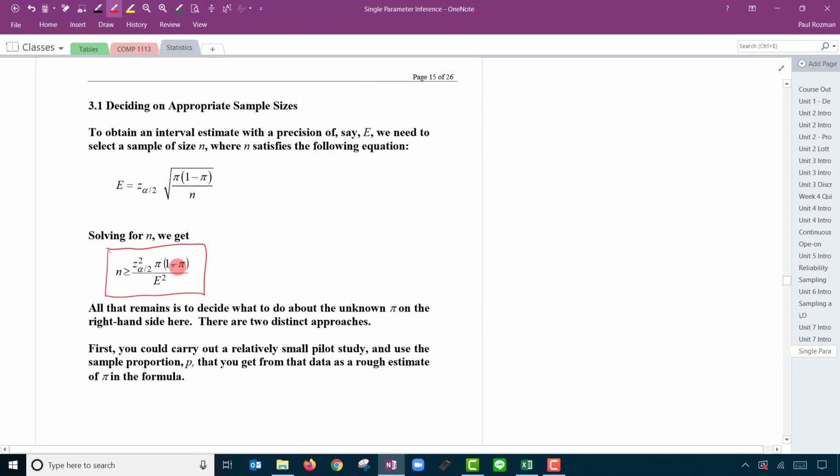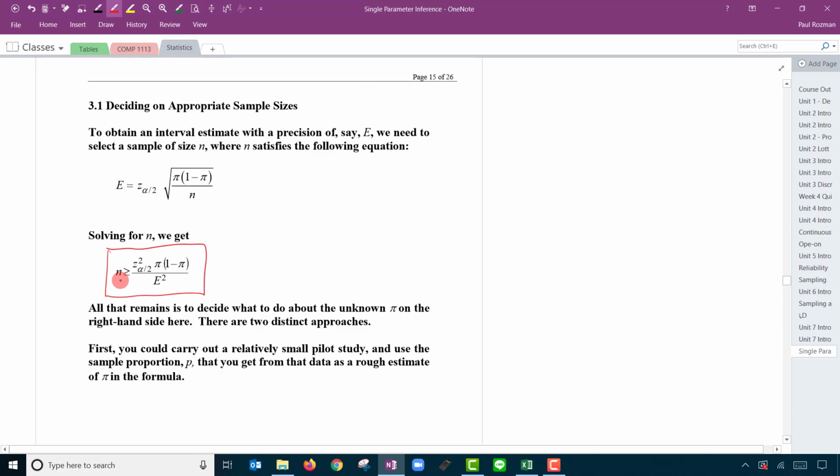So we're going to have to come up with some way to deal with that. Remember when we were talking about the mean, we would just sort of make up a number for the standard deviation in that formula, and we just make sure we erred on the high side, or we'd take a little pilot study and hope that standard deviation erred on the high side and then gave us a large enough n.